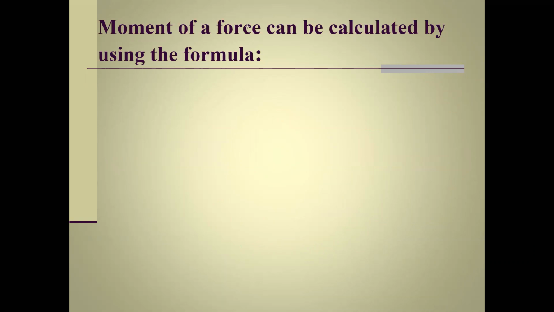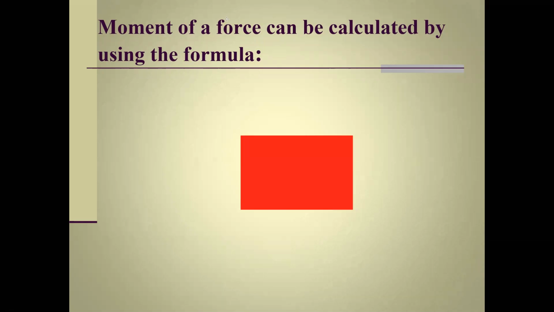Another example: you have a box and you place a stone in front of this box. The dimensions, the size of the box, are given. This is, for example, 5 meters, and this one is 3 meters.